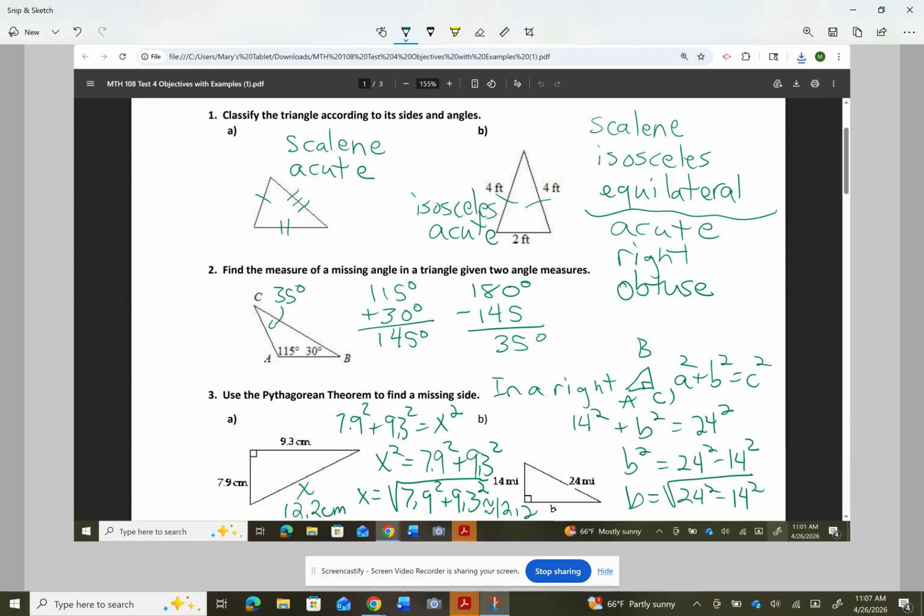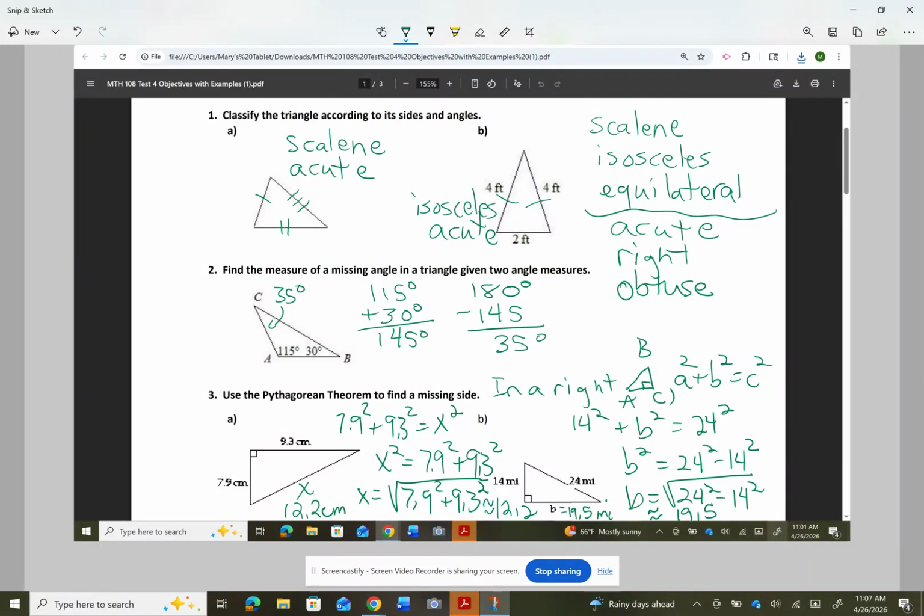Okay, so I'm going to go in and grab the square root sign, do 24 squared minus the 14 squared, and I wind up with 19.5 on that one. So that means side B would be about 19.5 miles.